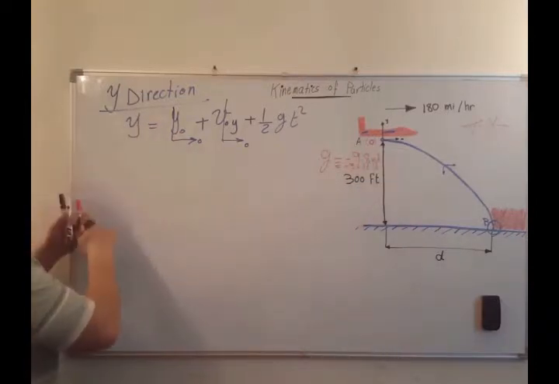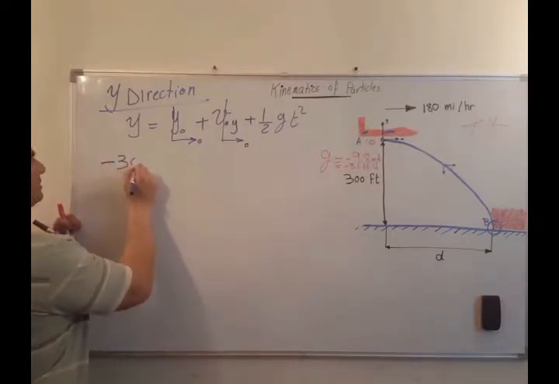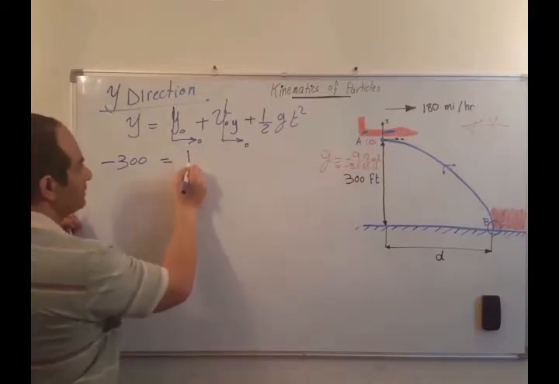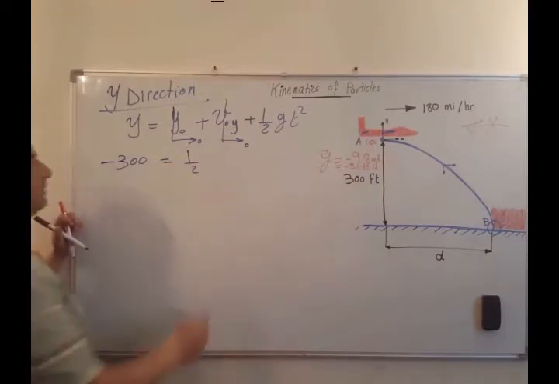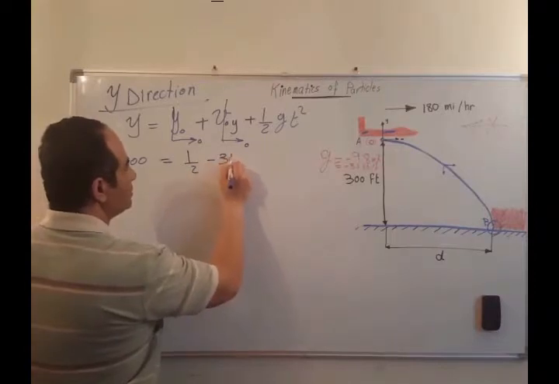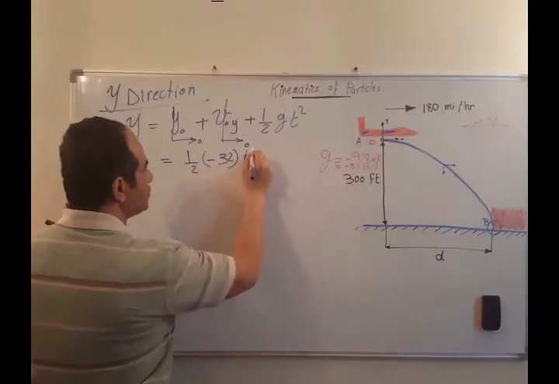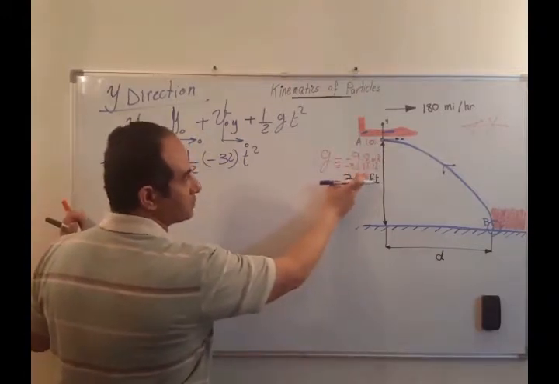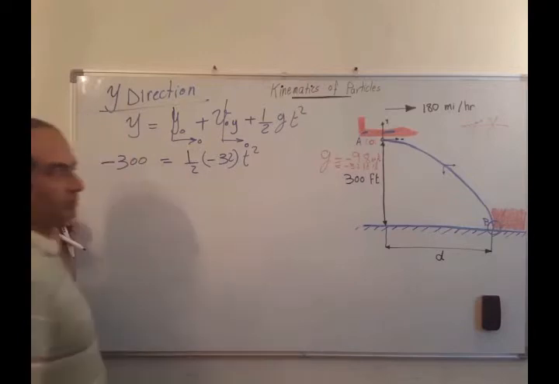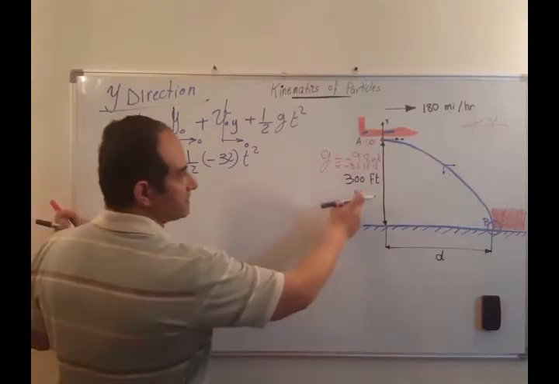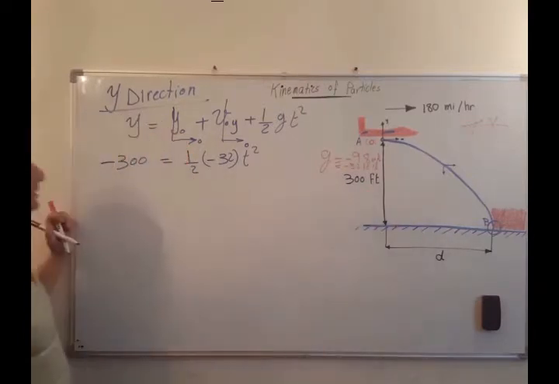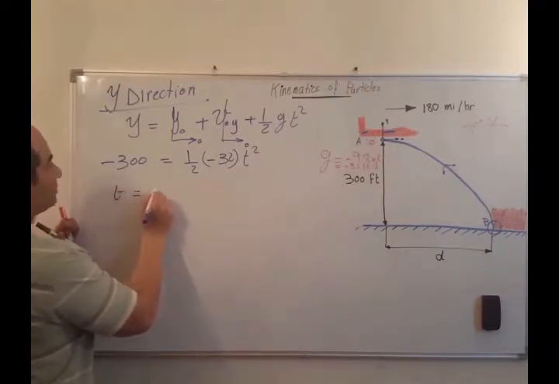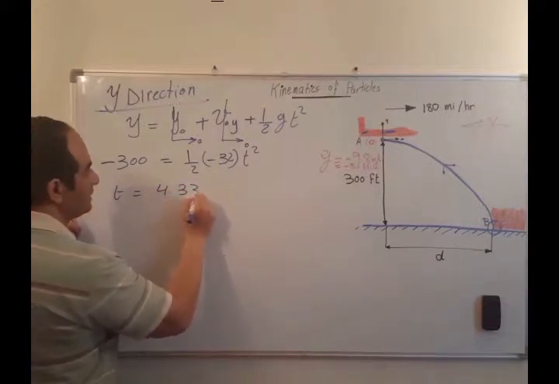We can substitute negative 300 equals half times minus 32 times t squared. We are using feet per second squared, as the whole problem uses feet and seconds. From this equation we can calculate time t equals 4.33 seconds.